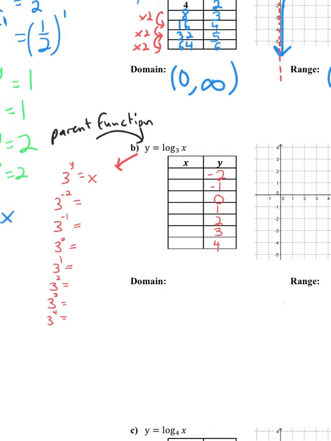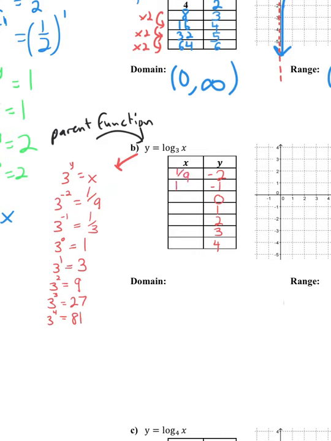But hopefully we'll pick up another pattern here. 3 to the -1st, for example, is 1/3. What's 3 squared when I do 3 times 3? 9. So I've got 3 to the -1st is 1/3. 3 squared is 9. So 3 to the -2nd would be 1/9. 3 to the 0 power, anything to the 0 power is just 1. 3 to the first power is 3. 3 cubed is 27. 3 to the 4th is 81.